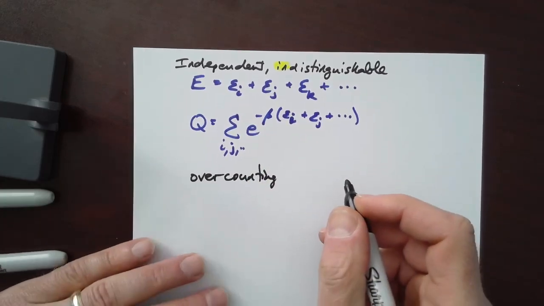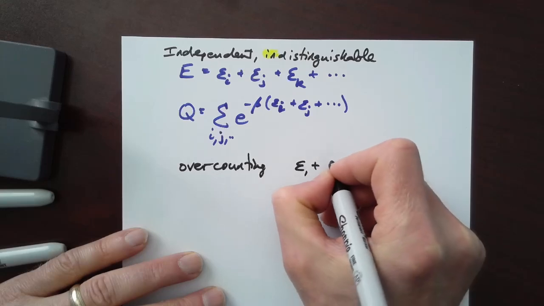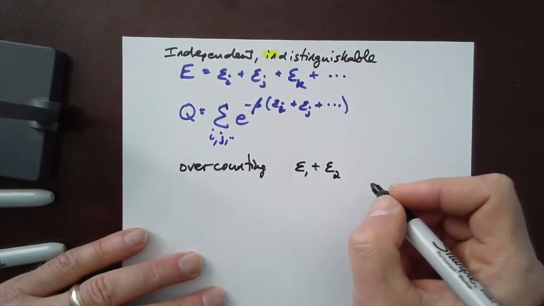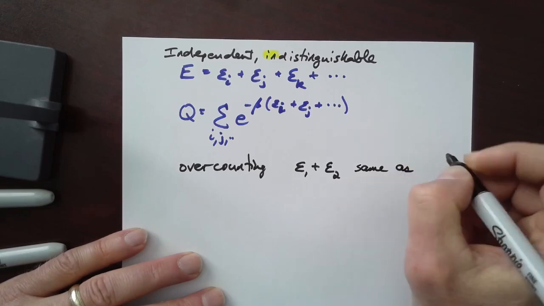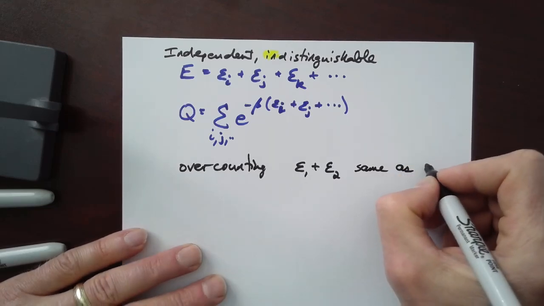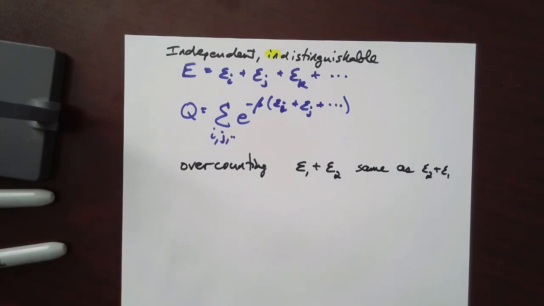In this summation, if I have E1 plus E2, this is the same as E2 plus E1. That may be obvious. Not a problem over here.